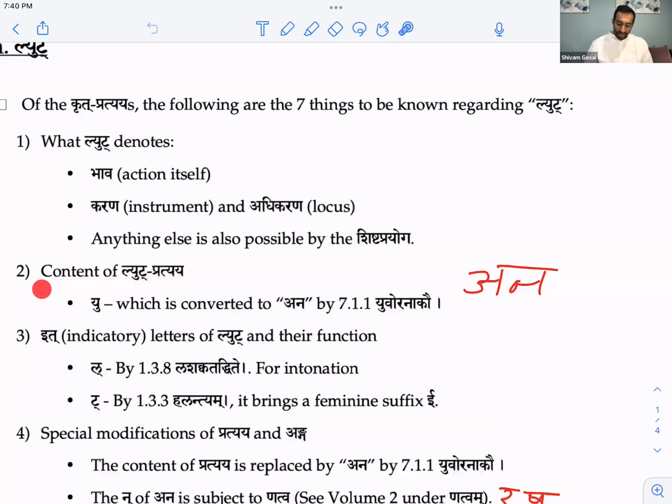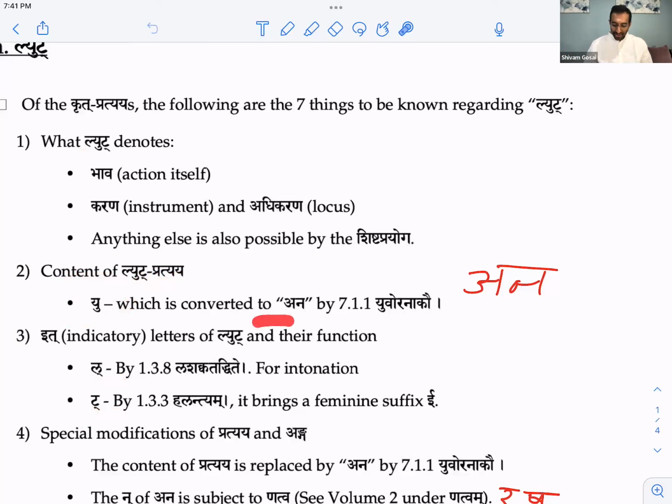One thing we need to know is the content of lyut. You notice how it's lakara, you, and then takara. Lakara and takara are it letters, so all you're left with is you. But something funny happens and it completely changes.